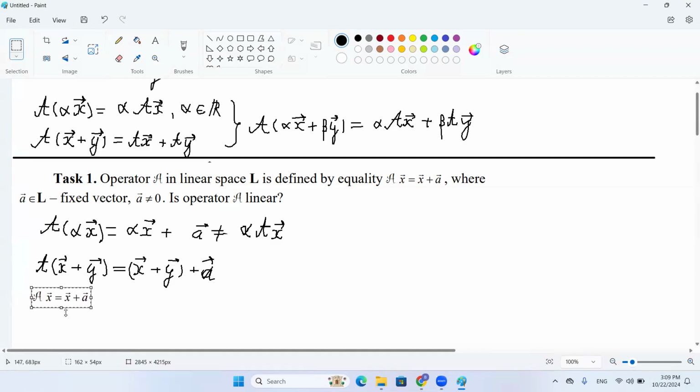So here is the result if we apply the operator to element x, and for y almost the same.